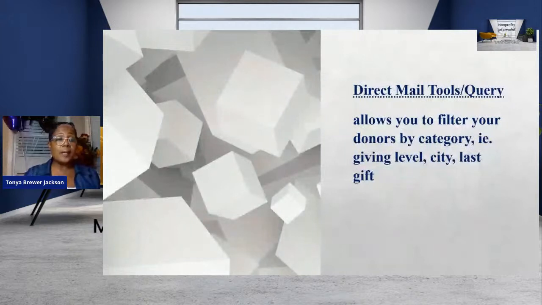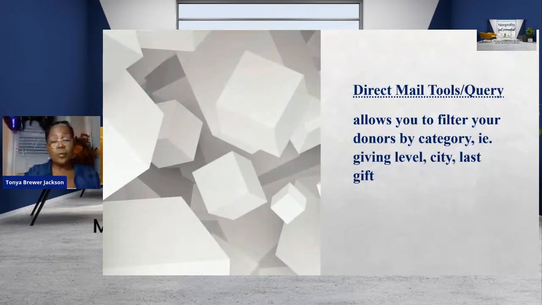The grouping tool is just saying, give me everyone who lives in Illinois that has given a gift over $500, whose last gift was $2,500 and over, or whatever. All those categories you can pull into a query to group it together.